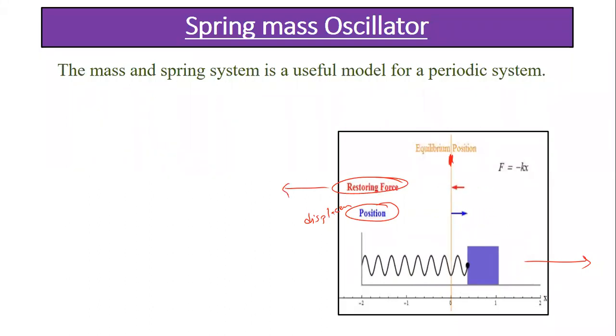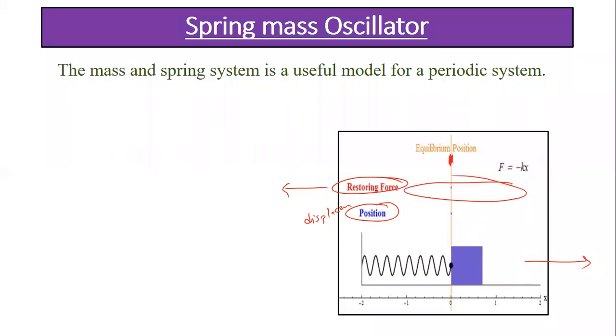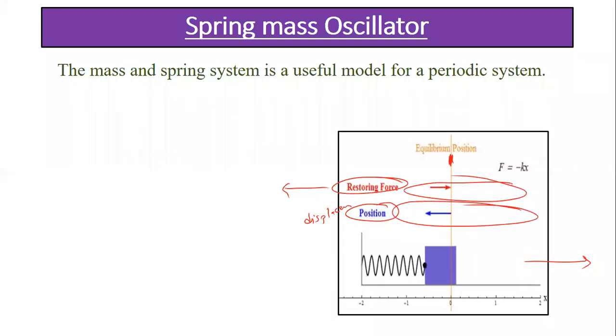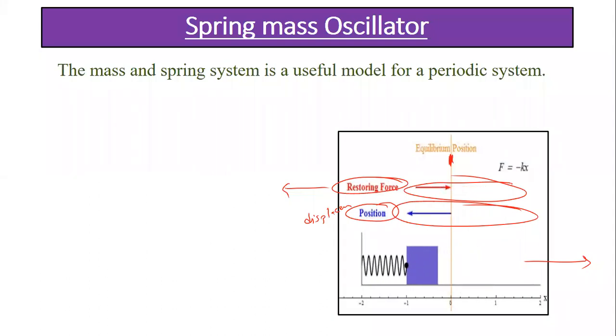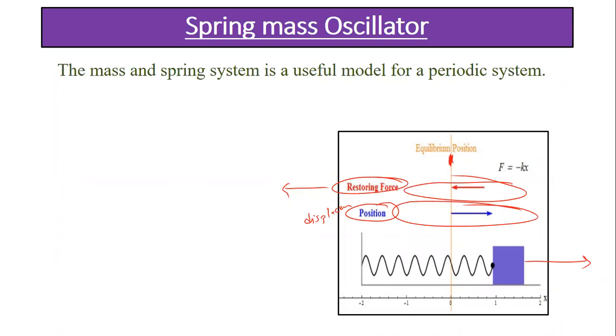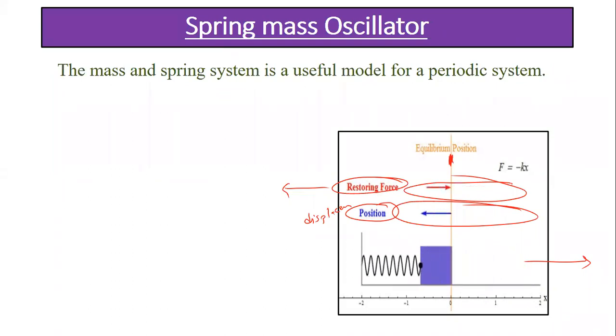These two arrows give the direction of displacement and restoring force. So what you can observe from this diagram is that the displacement and restoring force are oppositely directed.